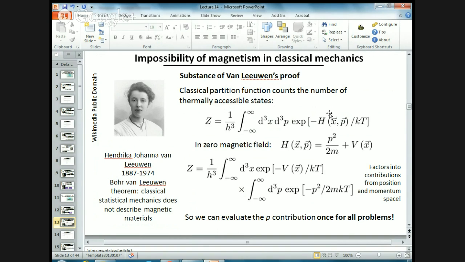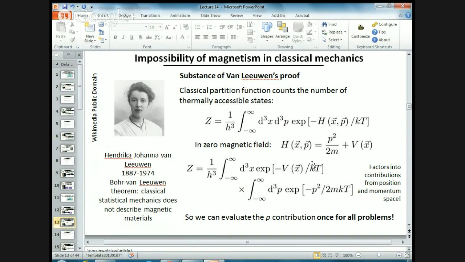So we're going to calculate the partition function, which is just the integral over the coordinate and the momentum, and we'll do it for a single particle, of e to the minus H over kT, where H is the classical Hamiltonian. And note that because of the presence of h cubed in the denominator here, the partition function is a pure number, has no dimensions, and that number is the number of thermally accessible states of the system.